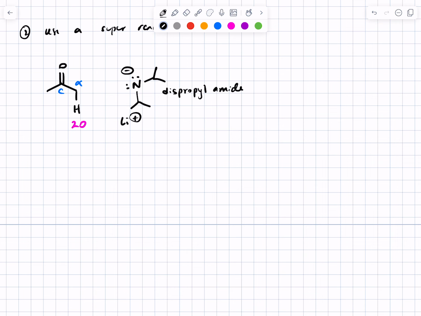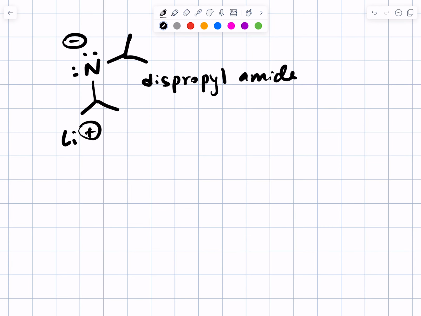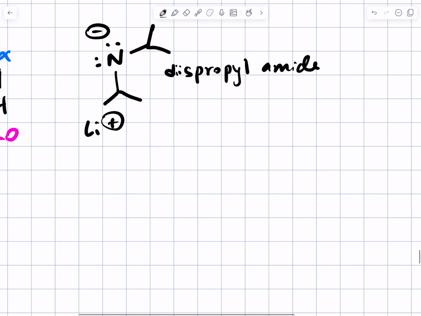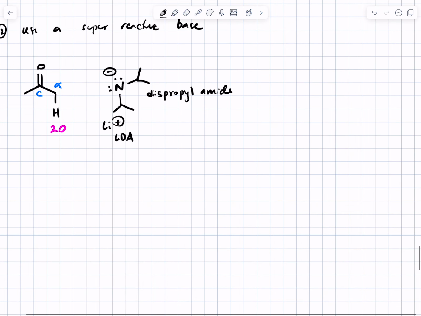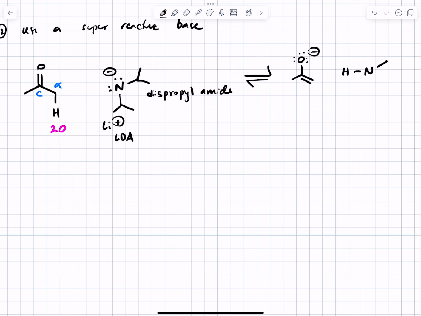This reagent, lithium diisopropyl amide, there's two I's in there, the other one is hiding, is sometimes called LDA, right? I'll draw for you the enolate that's formed. And then I'll draw for you the conjugate acid of lithium diisopropyl amide. The proton that gets removed has a pKa of 20 in the ketone.